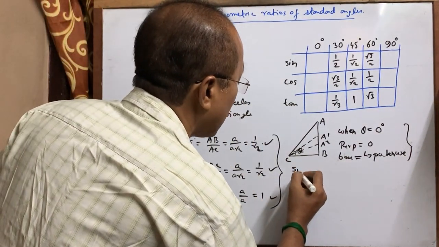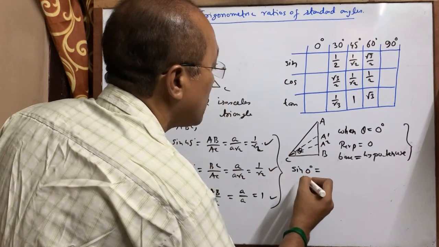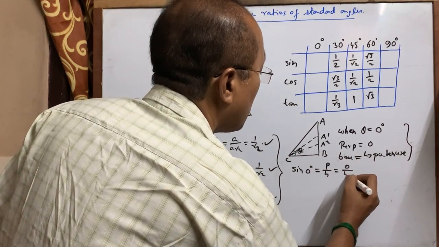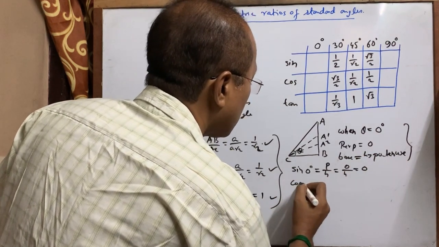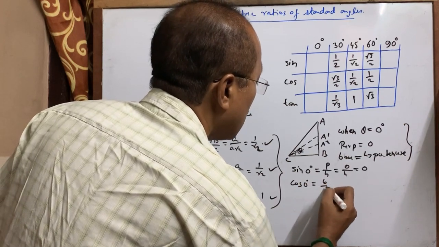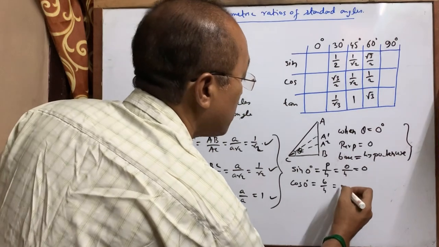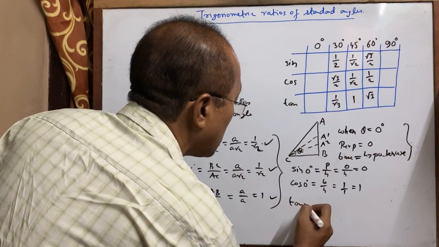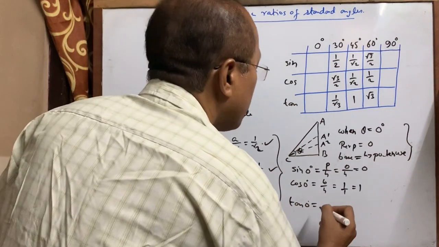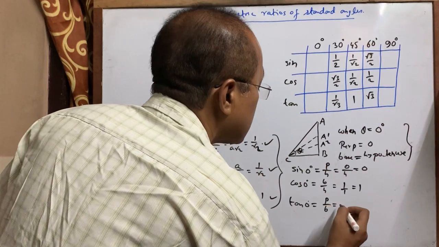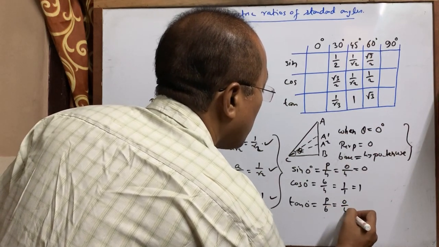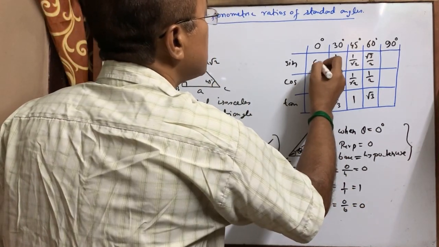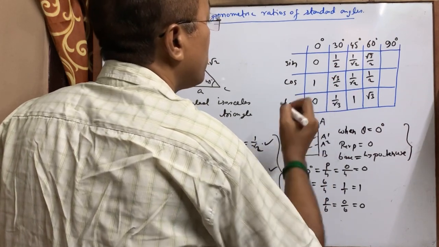Then sine 0 is equal to perpendicular by hypotenuse. Here it is 0 by hypotenuse, that is 0. Cos 0 is equal to base by hypotenuse. Base and hypotenuse are the same, so it will be 1 by 1, that is 1. And tan 0 is perpendicular by base, so 0 by base, that is 0. So you got sine 0 is 0, cos 0 is 1, tan 0 is 0, isn't it?